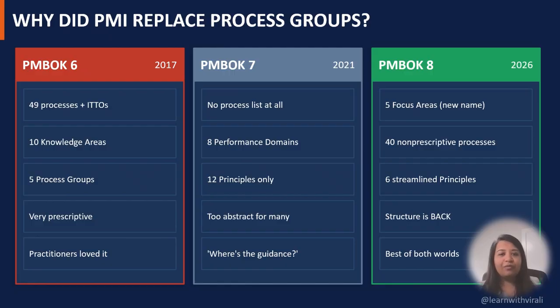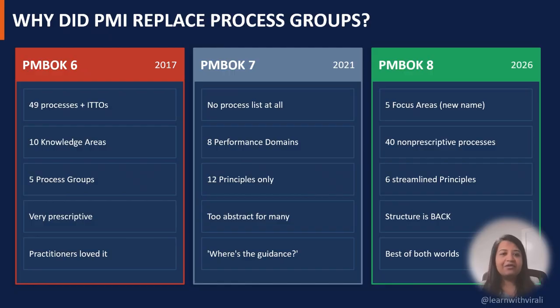Now, the global PM community did share feedback about feeling lost or finding it too abstract. That's where PMI listened, and the new PMBOK 8th edition was released in 2026. Pretty much it came out in 2025, but it's going to be effective from 2026. So what is the change that has been put into place in PMBOK 8? It's having the structure back, but instead of calling them process groups, they are now called focus areas.